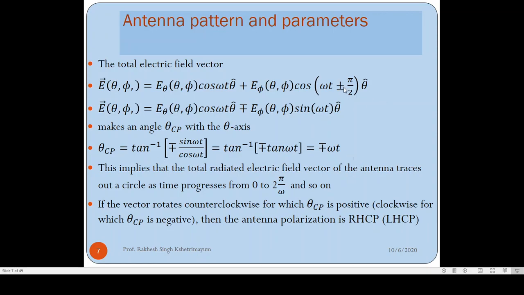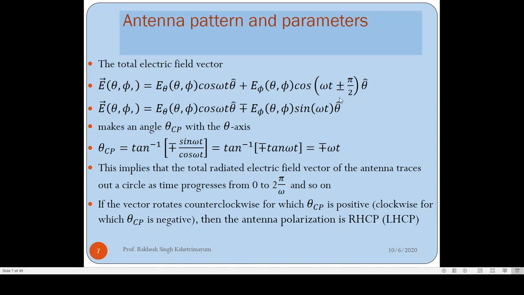When delta is equal to plus pi by 2, the angle is negative. That means the rotation of this angle with respect to time will be in the clockwise direction. And when delta is minus pi by 2, this angle is positive, so with respect to time this angle will be rotating in the anti-clockwise direction. So if the angle is rotating in the anti-clockwise direction, we have a right hand circular polarized wave.